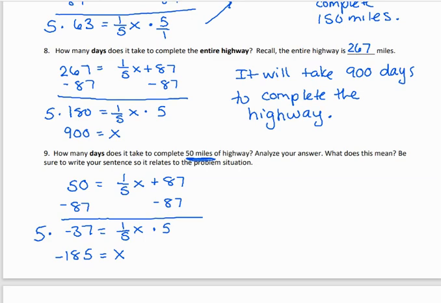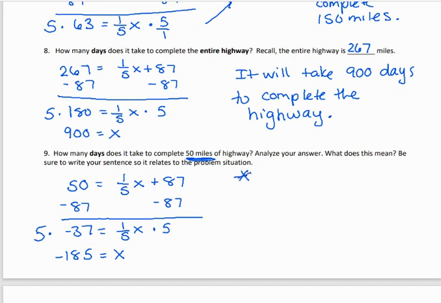Remember, guys, how many miles already are completed as we currently stand? 87. So that 50 miles that we're talking about was already done in the past. And that's what that negative represents.